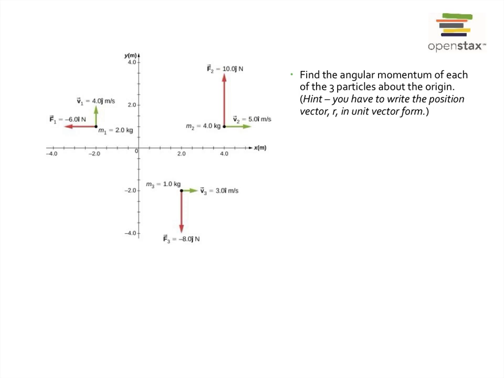Here is an example where we are asked to find the angular momentum of different particles. What we have to do is for each particle, we have to write the radius vector from the origin. And so we'll look at that example. First I'm going to start with mass 1. M1 is 2 kilograms.